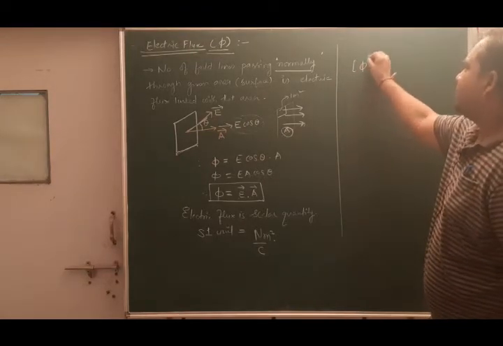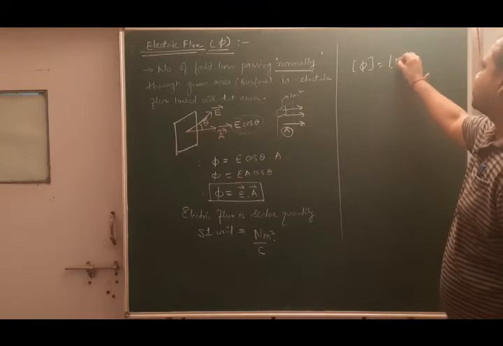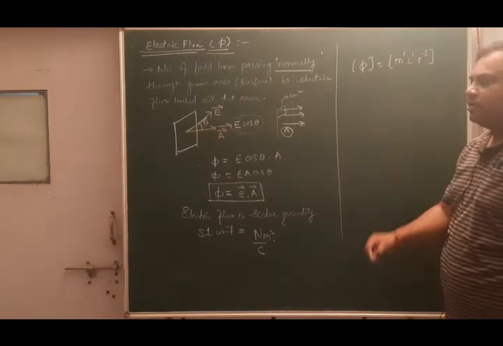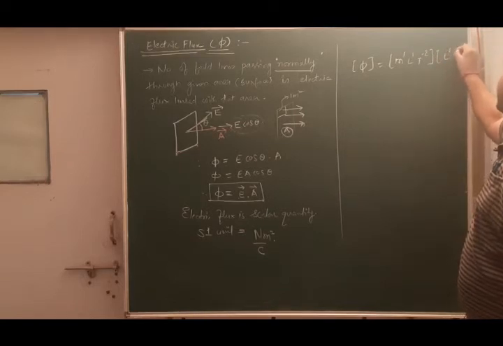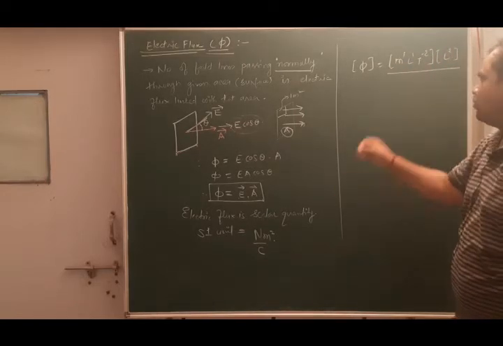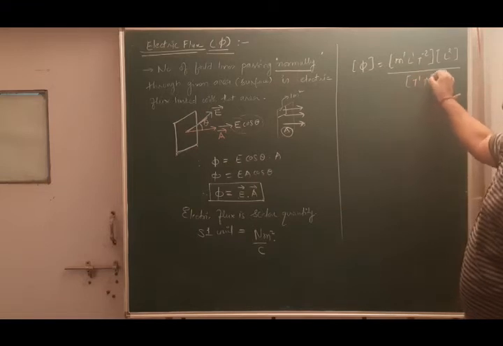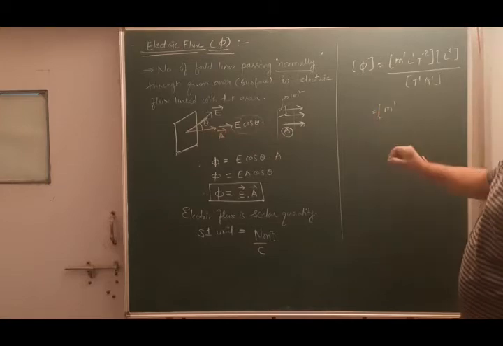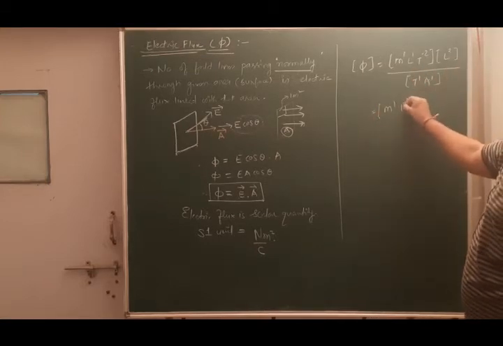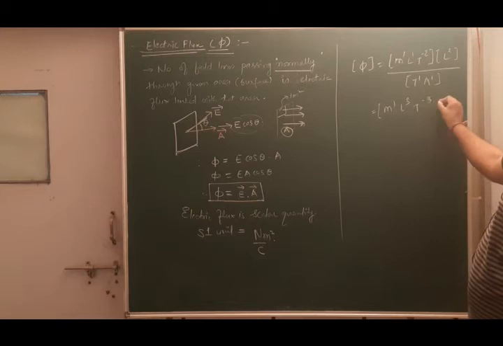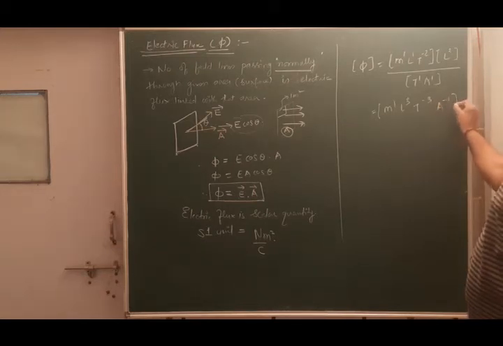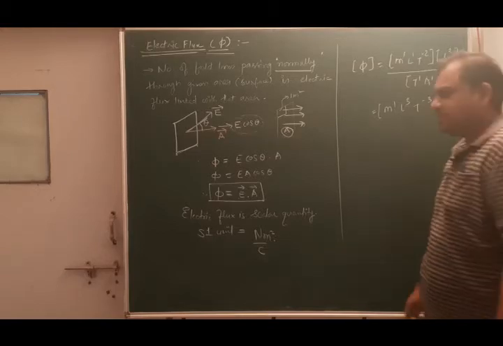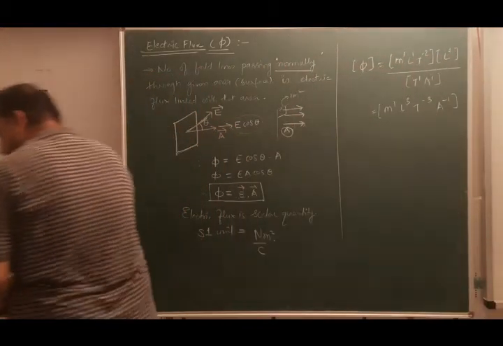Dimension of electric flux: Newton force is M1 L1 T minus 2, meter square is L2, coulomb is T1 A1. So this will be M1 L3 T minus 3 and A minus 1. This is nothing else but the dimension formula of electric flux.